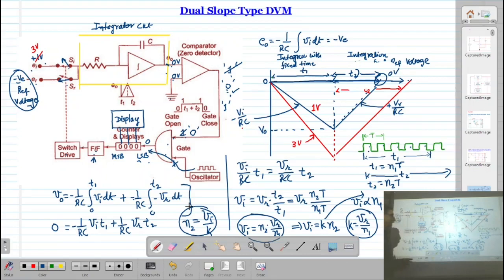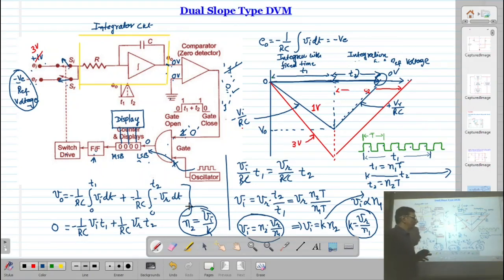Second, if noise is riding on your input signal, the integrator gives the average of your input voltage, so the noise is automatically suppressed when you are measuring this voltage.